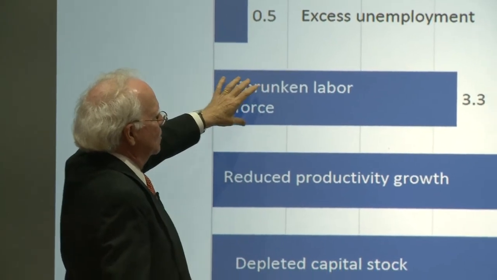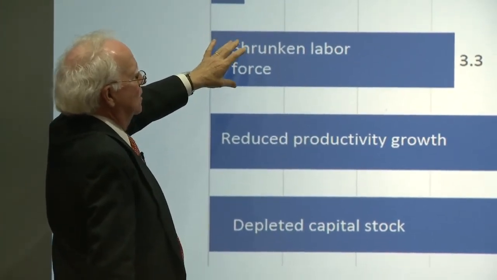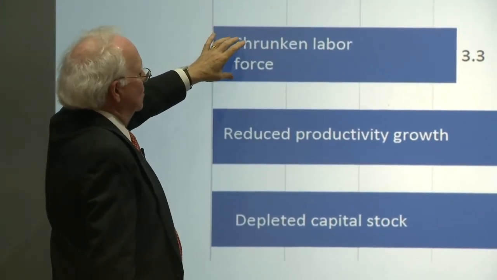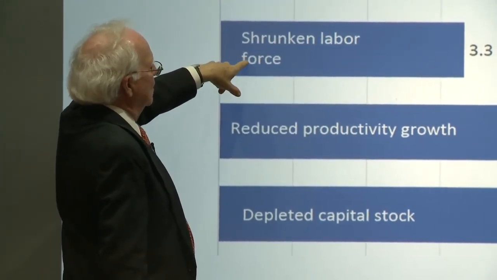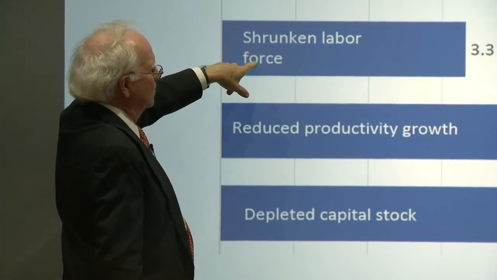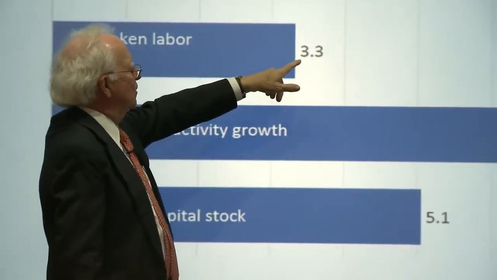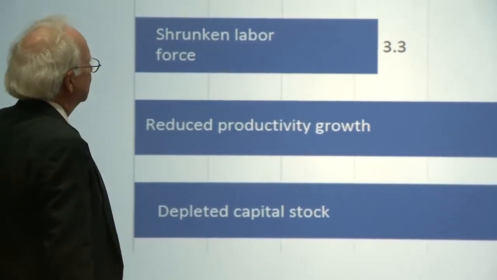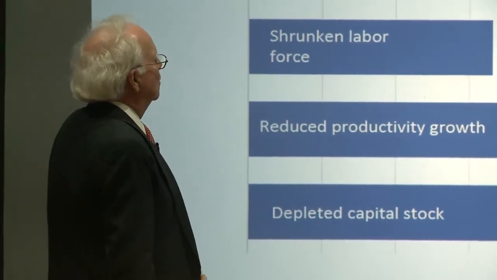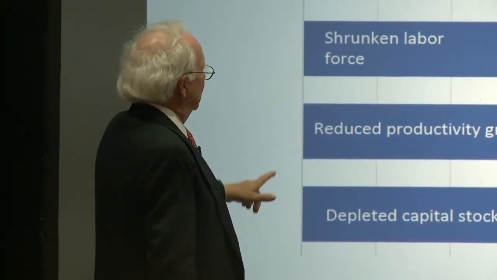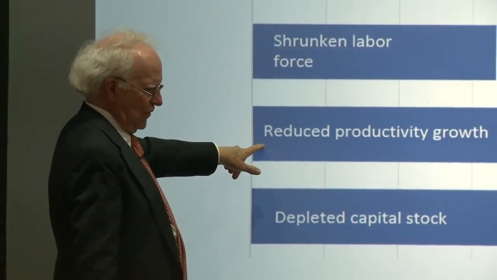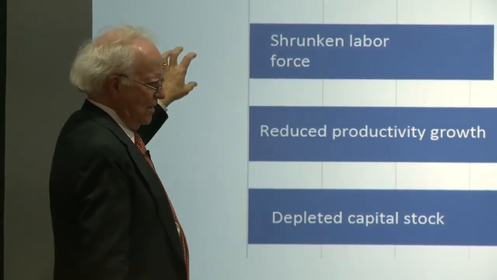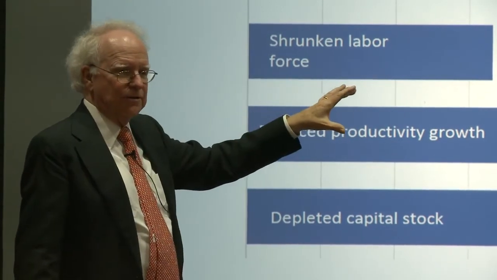So the labor force is something like 5 percentage points below where it would have been. You take that to the power of 0.65, and that tells you that it's 3.3 percentage points over this period. With respect to productivity growth, this is so-called total factor productivity, an index that multiplies the production function.